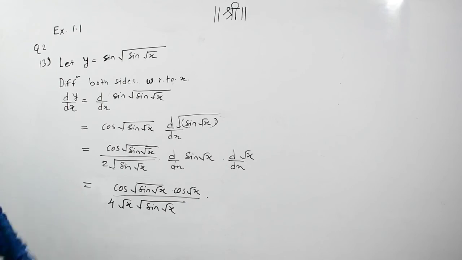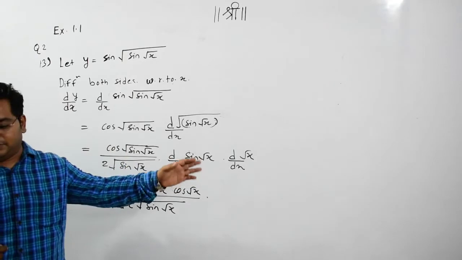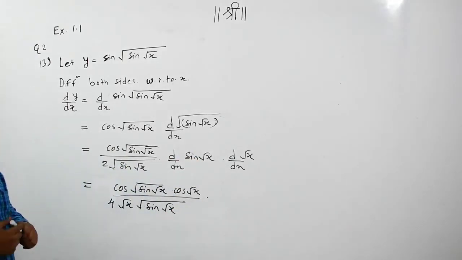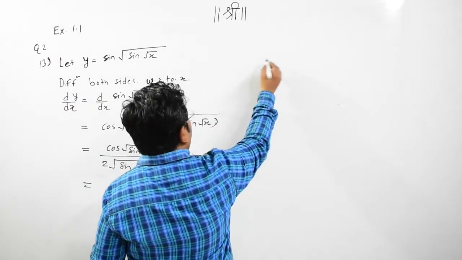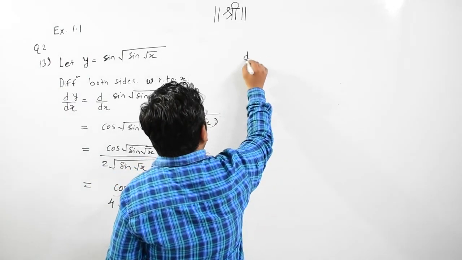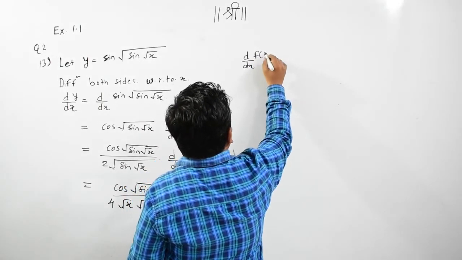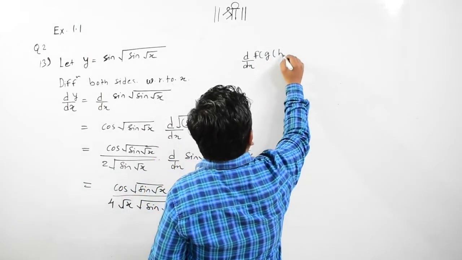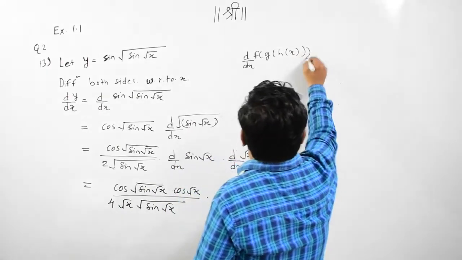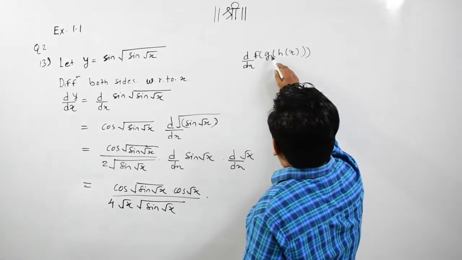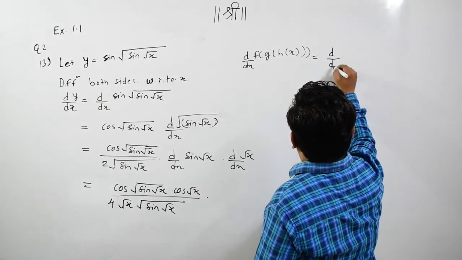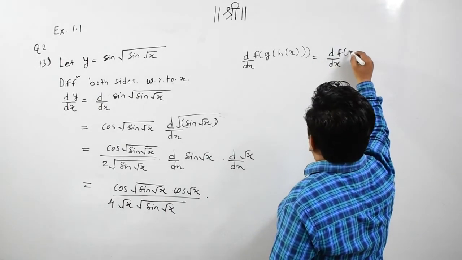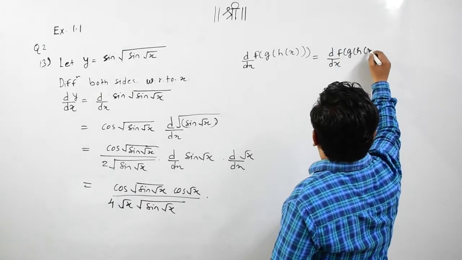So question number 14 is done. Now I can do it thoroughly if I understand in exactly which manner I am differentiating. It's quite simple again. I would like to introduce another thing: d/dx of f of g of h of x.